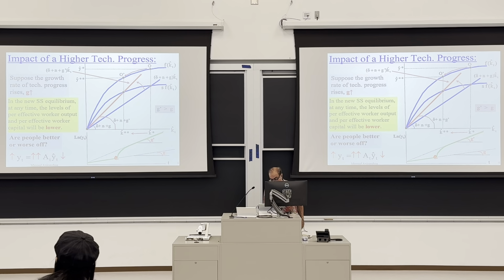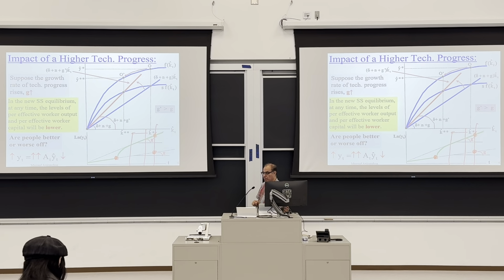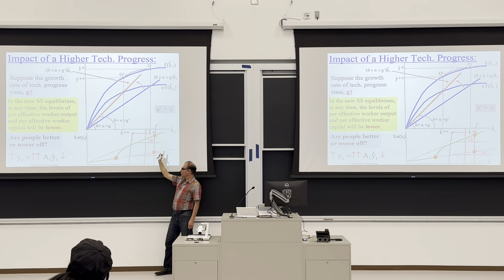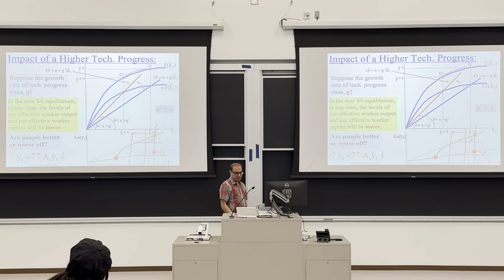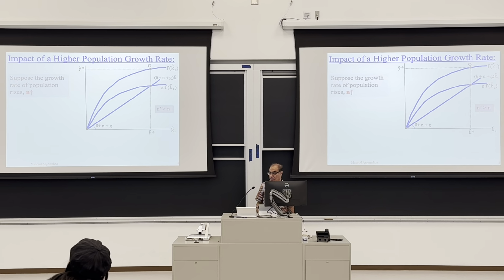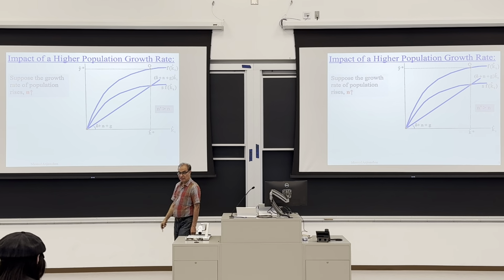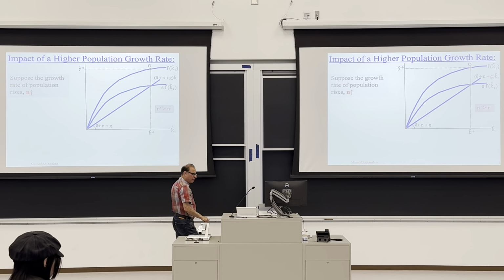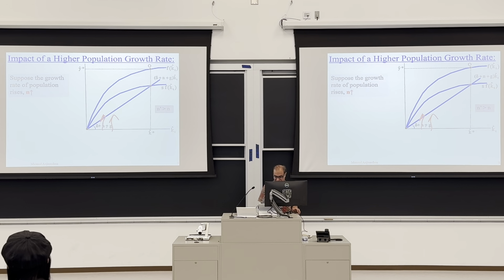After this, when G becomes larger and the economy is growing faster, at any point in time people would be better off than on the slow track, fast track and slow track. So I am telling you this because of this. What happens if n goes up? What happens if n goes up? But you see, from the graph point of view, it looks the same. See, n goes up, g goes up.